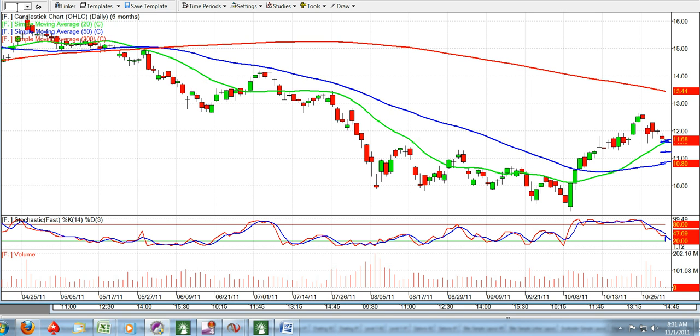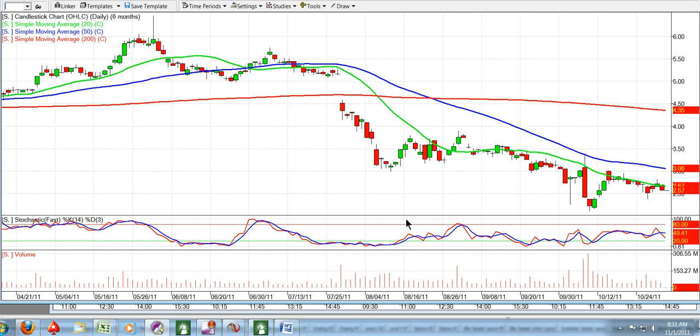The next stock that I want to look at is, let's see, how about Sprint? That's one that I got into when we got into our stochastics rollover into this area, and then you can see that we got above the 20, but then we couldn't break that.